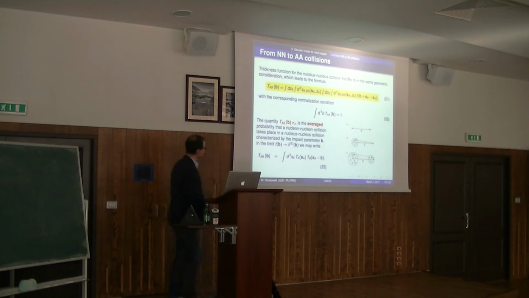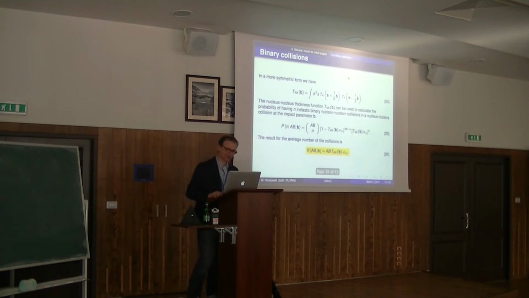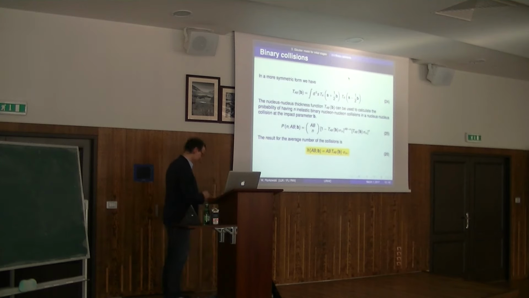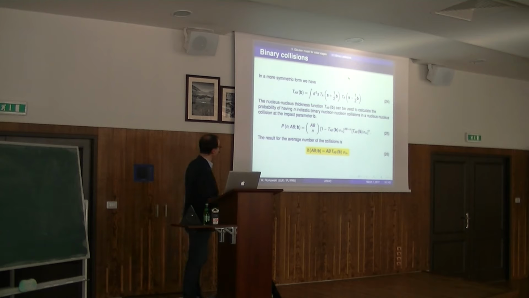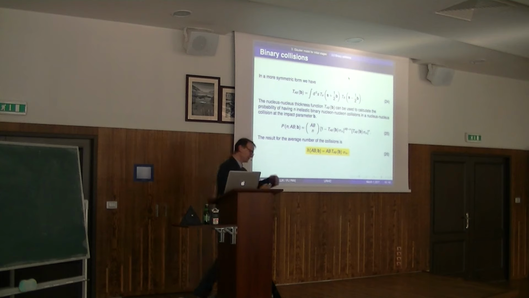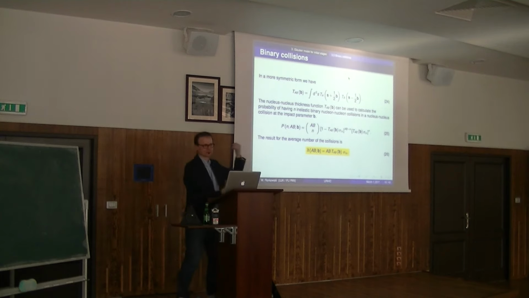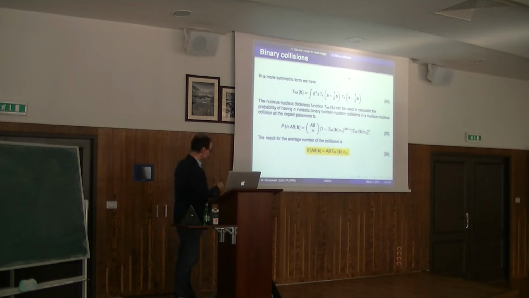Then one can use it in simple arguments, because for instance, if we treat all these collisions as independent, we deal with the binomial distribution. So we can, for instance, calculate the number of n collisions in the collisions of two nuclei with atomic numbers A and B. This is just a formula from the binomial distribution.